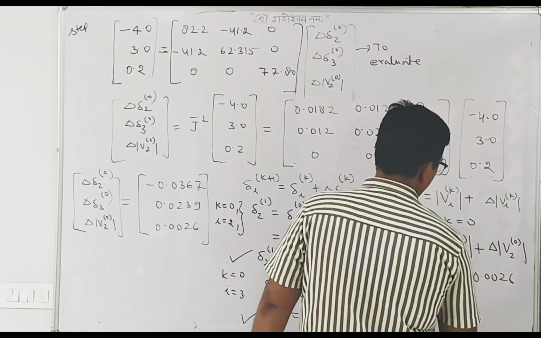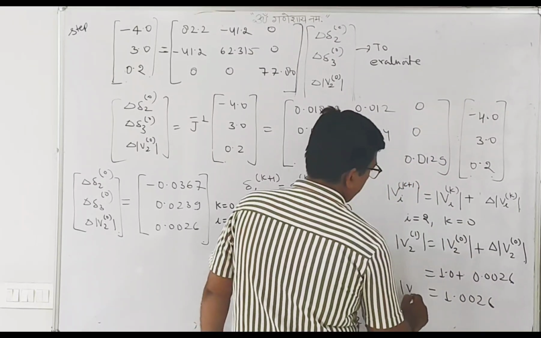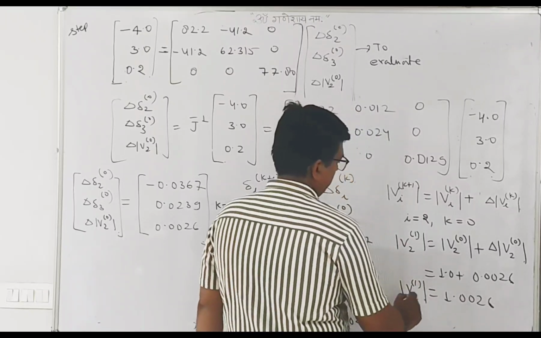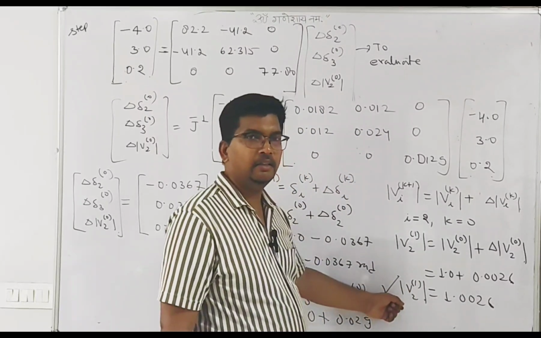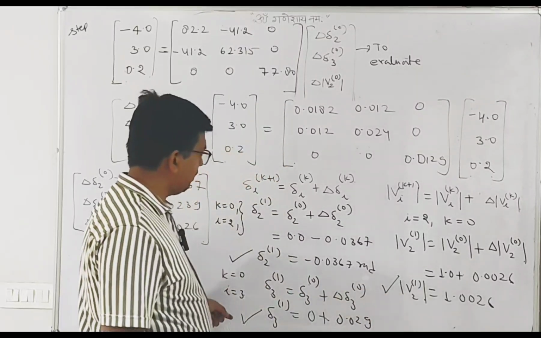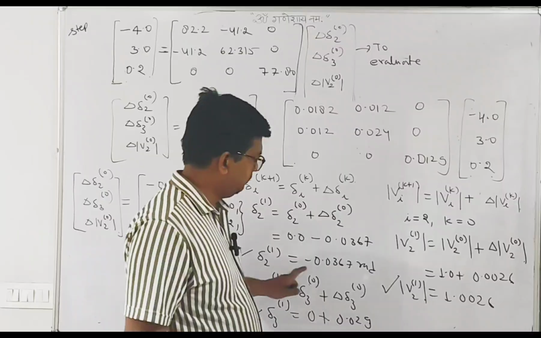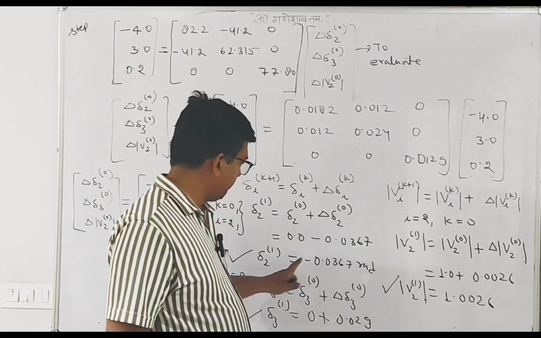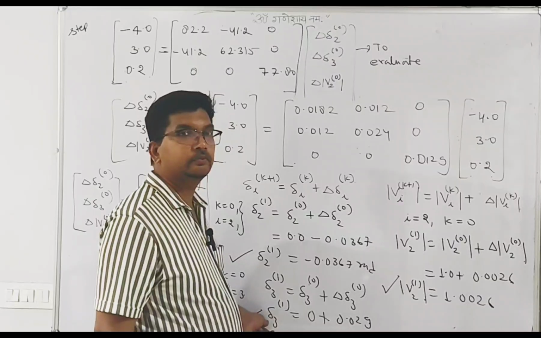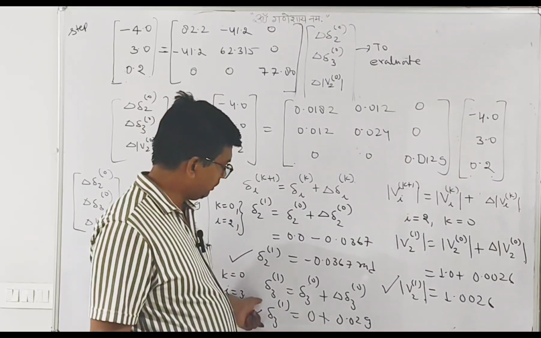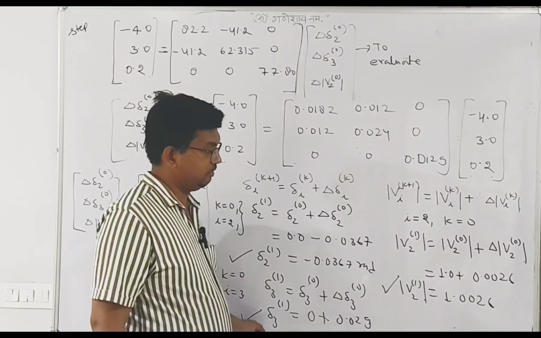So this becomes 1.0026. So this is the magnitude of the voltage at the load bus. Okay, so these were the three unknown quantities, two for the load bus, and one for the generator bus.